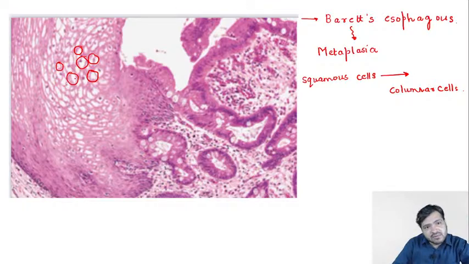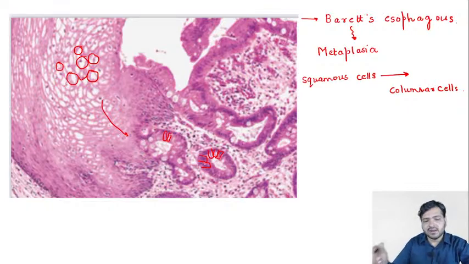You can just move down and see that we have the columnar cells over here, guys. So the squamous cells are undergoing a change, and you can appreciate in the picture that these are the columnar cells.